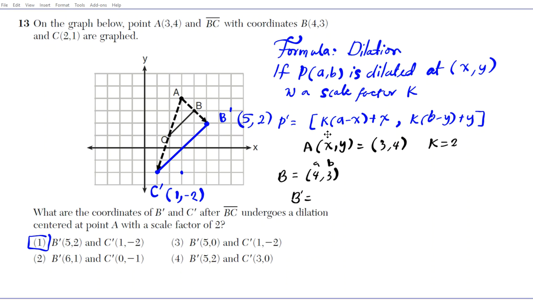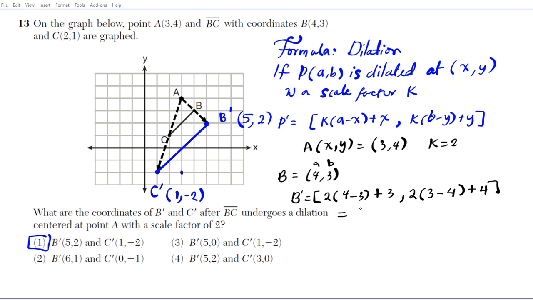So applying this formula that we have up here, we have the scale factor k, which is 2 times a minus x, so 4 minus 3, plus x, plus 3. And then for the y coordinate, the k again times b minus y, so 3 minus 4, plus y, 4. Okay, now we'll just use the order of operations to simplify this.